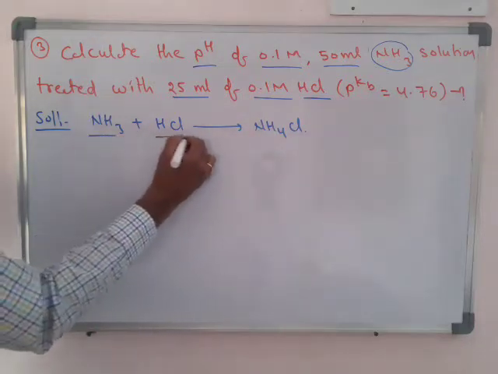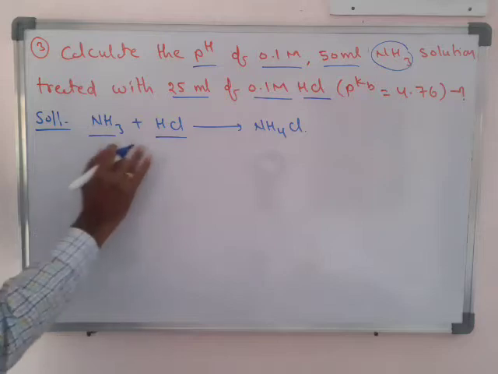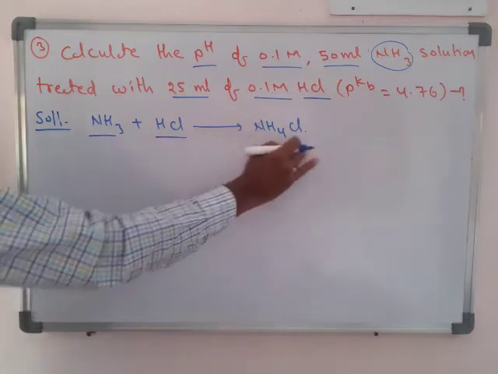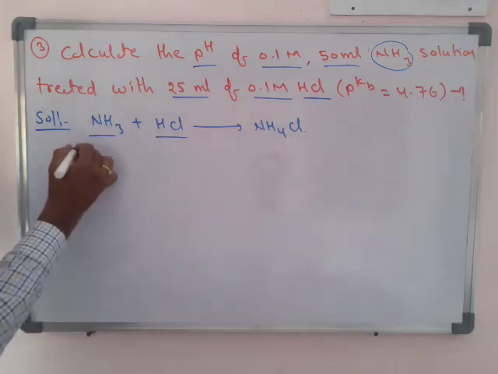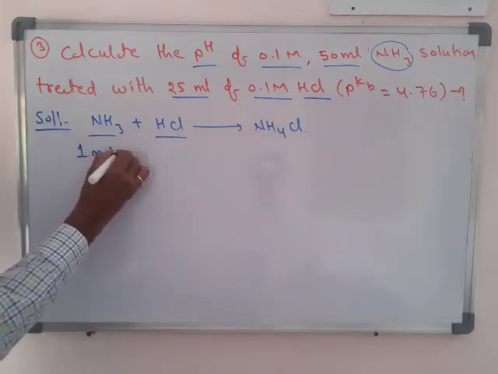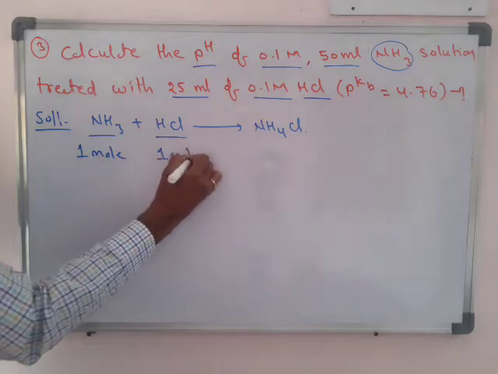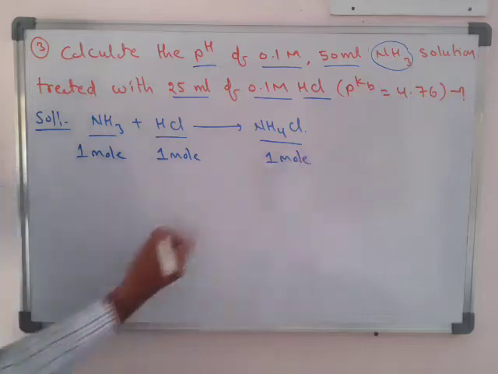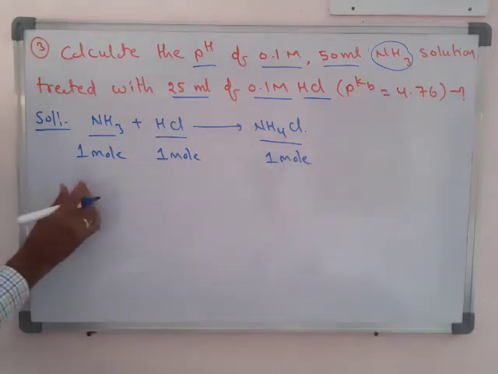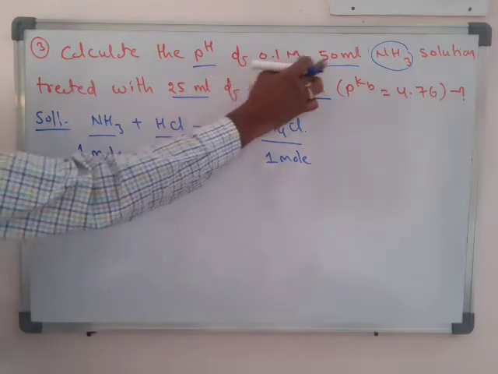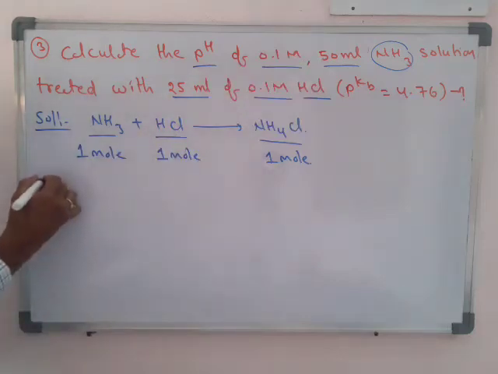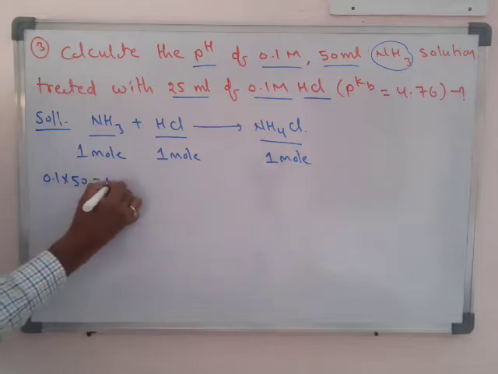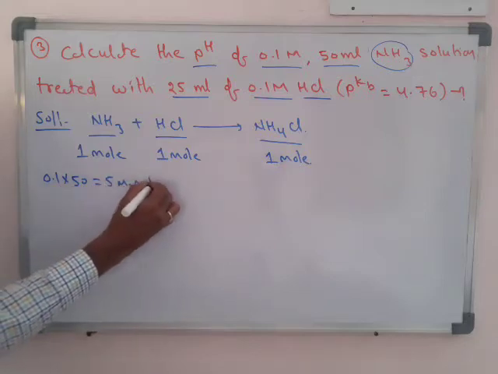So according to the reaction, 1 mole of ammonia reacts with 1 mole of HCl, forming 1 mole of ammonium chloride. According to the equation, all are in 1:1 ratio. But how much is given? 0.1 into 50 milliliter, so that is 5 millimoles.